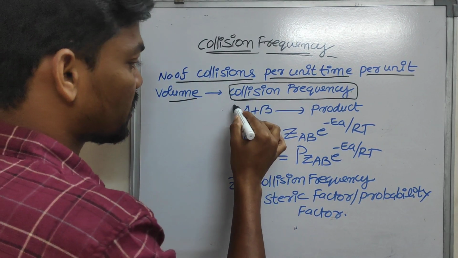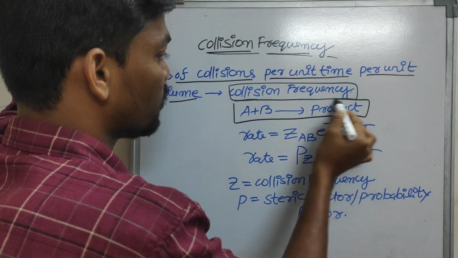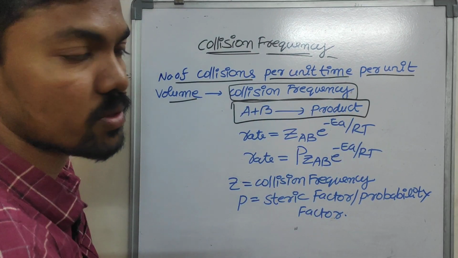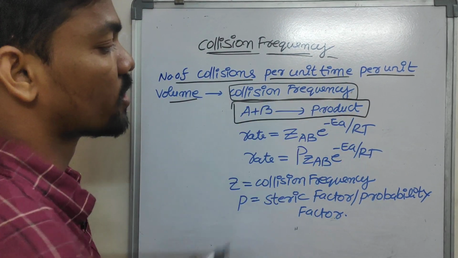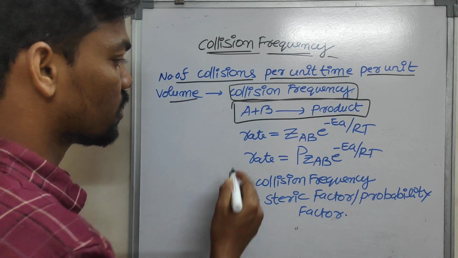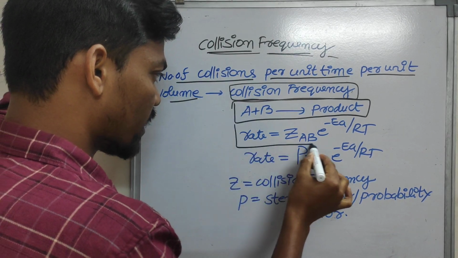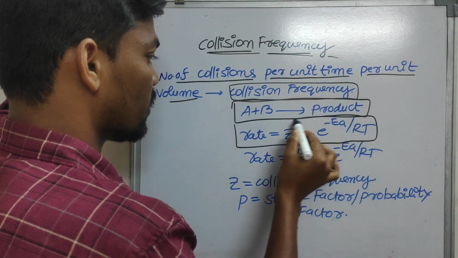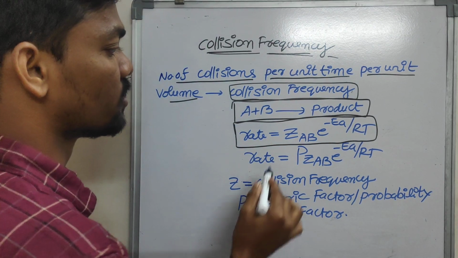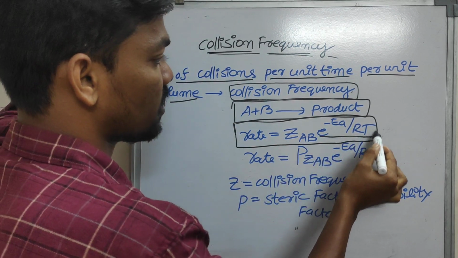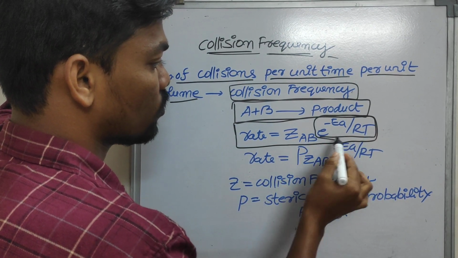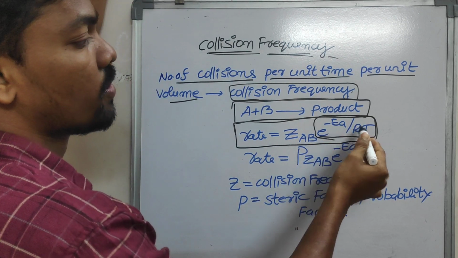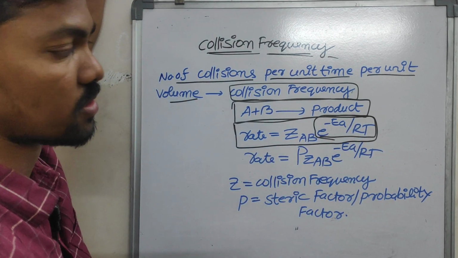Take the reaction A plus B gives product. Here rate is equal to Z_AB e^(-Ea/RT), this is the Arrhenius equation.